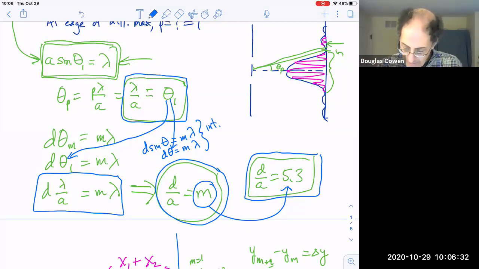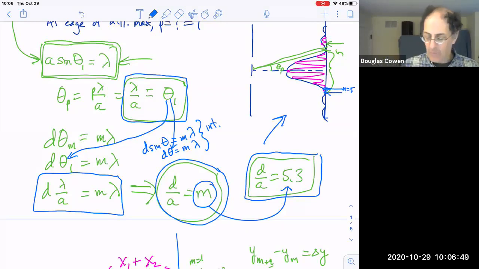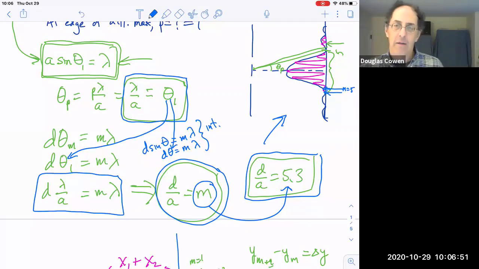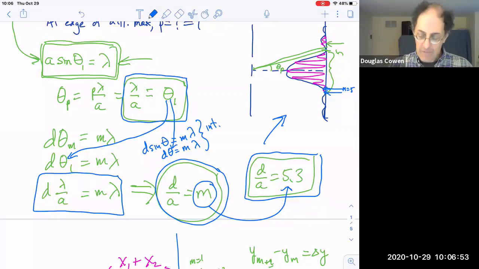So if you look at this figure over here, this peak, or this one maybe right here, should be the m equals 5 peak. That's the very last one that fits inside of the central diffraction envelope.